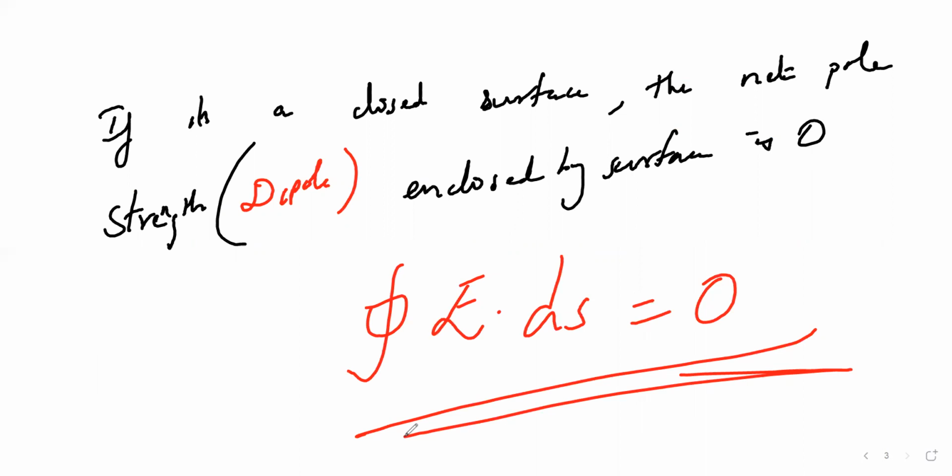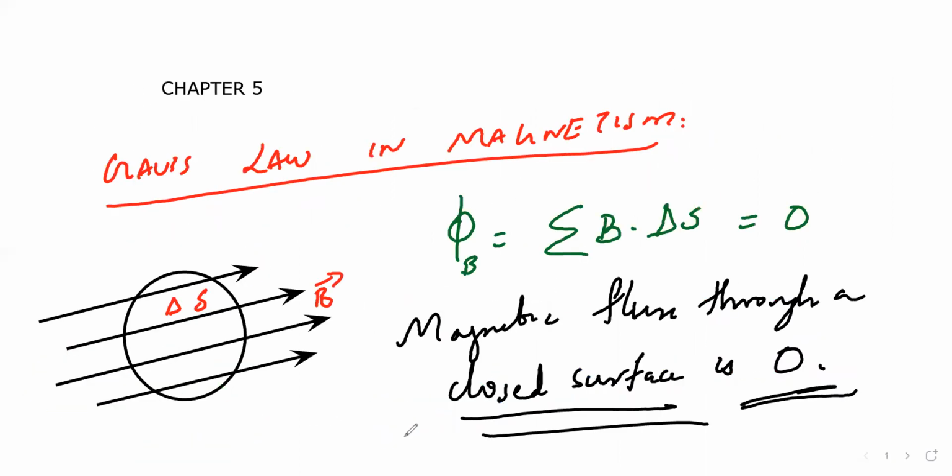So basically what they're trying to tell us, why it is 0: the number of field lines entering the surface is equal to the number of field lines going out through the surface. That's it. So there won't be any net magnetic field lines inside a closed surface in case of a magnetic field.